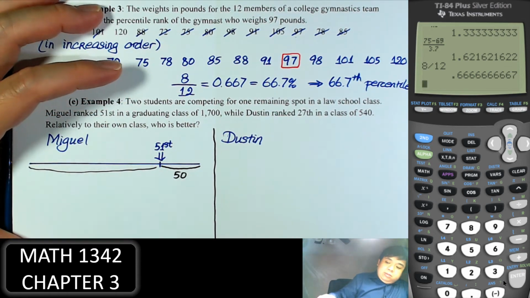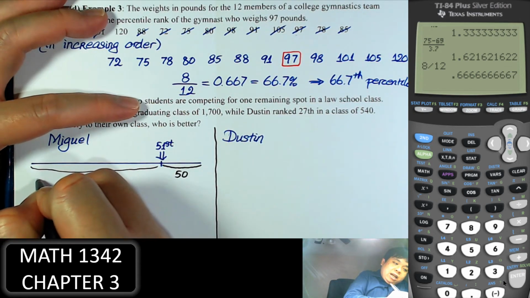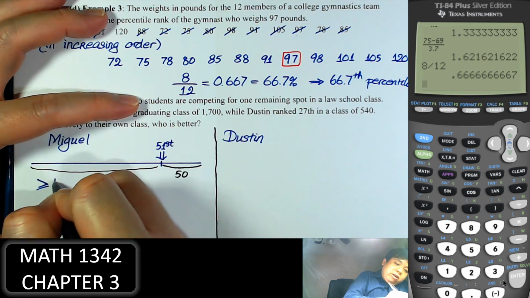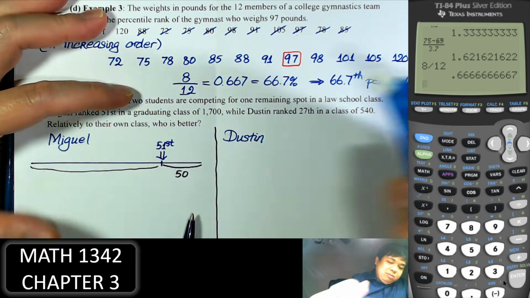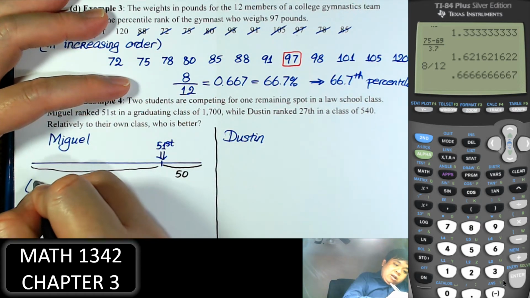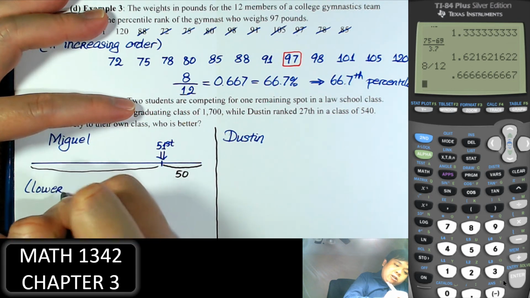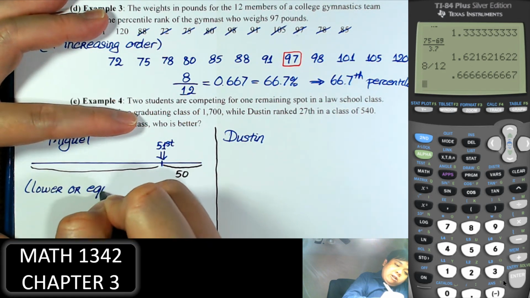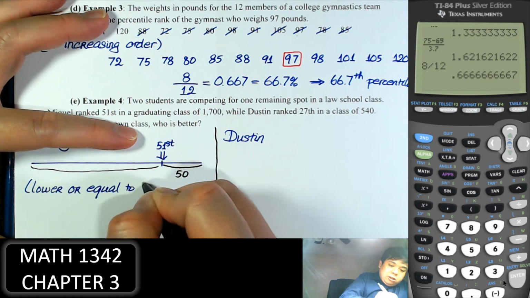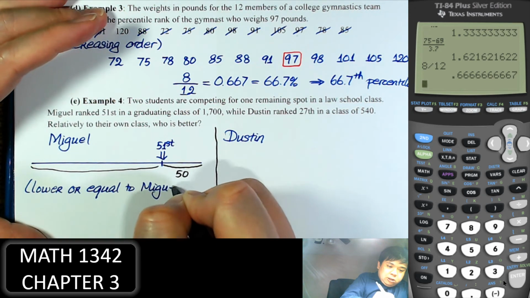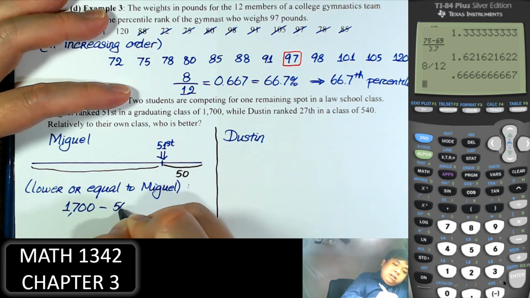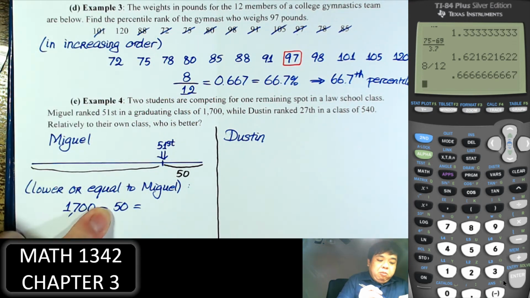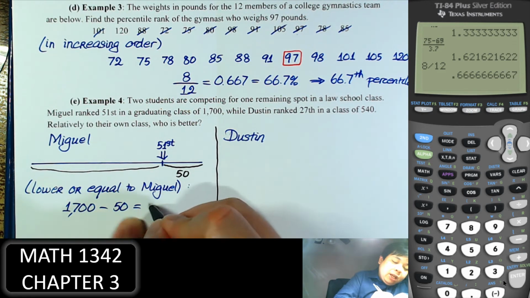So we say less than or equal to Miguel. That it's better just write out. So lower or equal to the 1700 minus 50 people rank higher than him, so that's 1650.